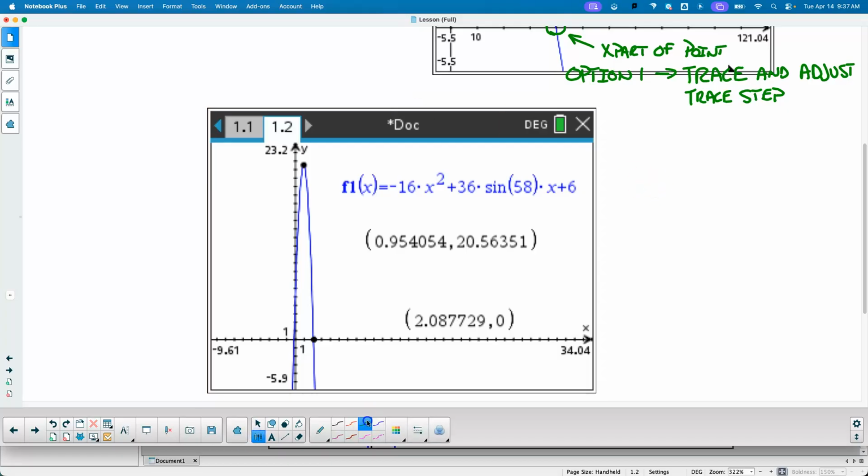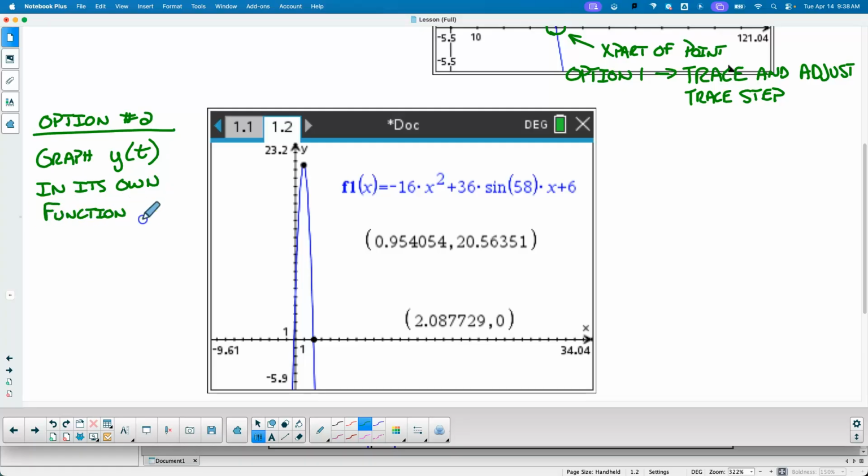So option 2 then. What this is saying is that 20.564 feet at t equals 0.954 is my maximum height.